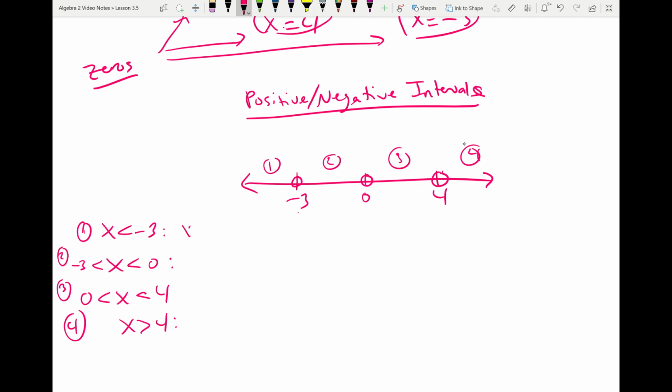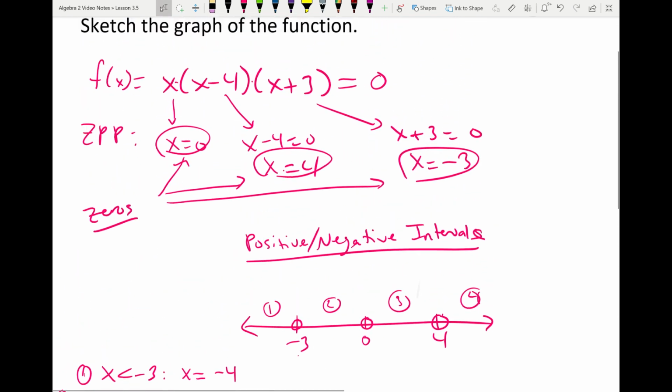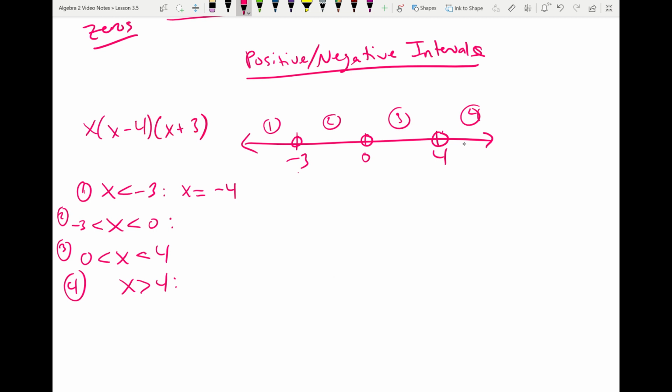So let's plug in x is equal to -4, for example. So if we plug in -4 into the original, right? So we have x times x minus 4 times x plus 3. Let me rewrite it over here. So that's the original problem. So we're going to plug that into there. So we have -4 times -4 minus 4 times -4 plus 3.